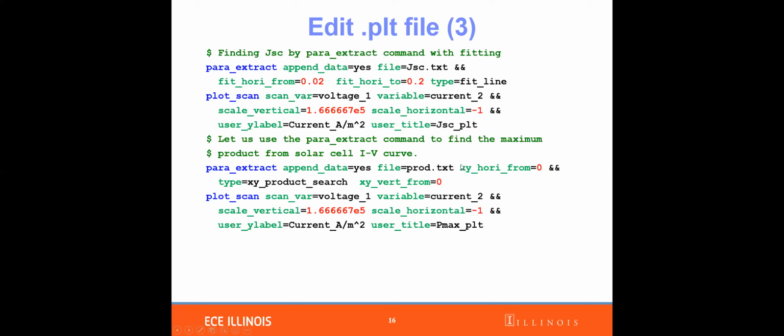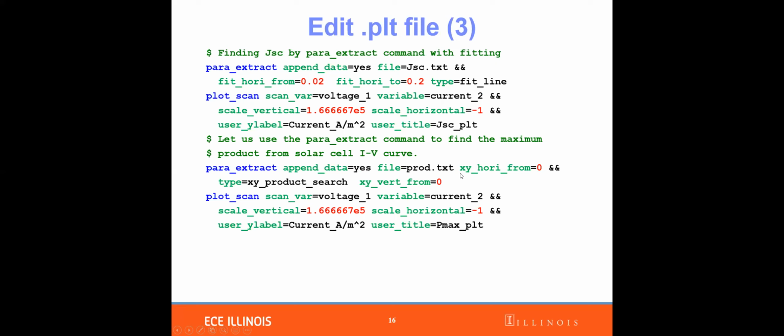So you can set XY horizontal from 0 to XY product search, XY vertical from 0. So we are scanning the product of XY in the horizontal direction and the XY in the vertical direction. So we are scanning all combinations of voltage and the current density.